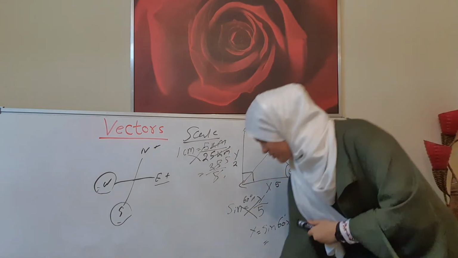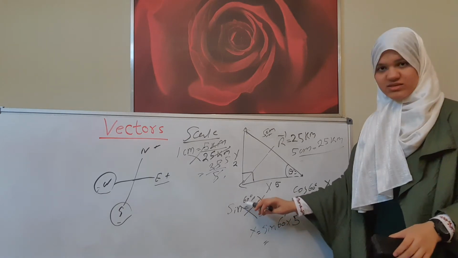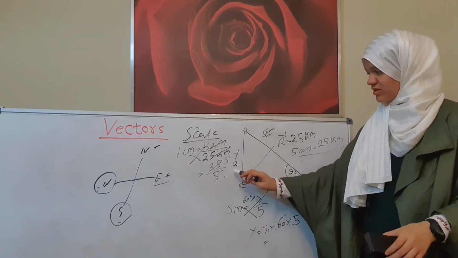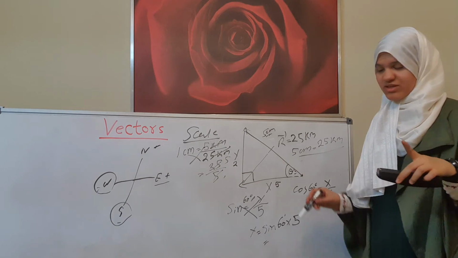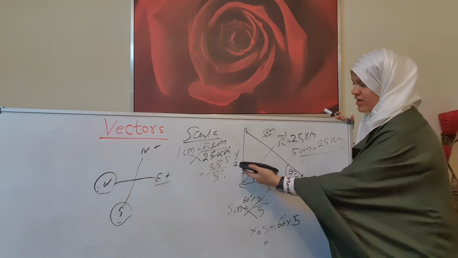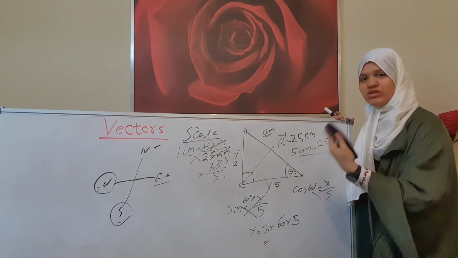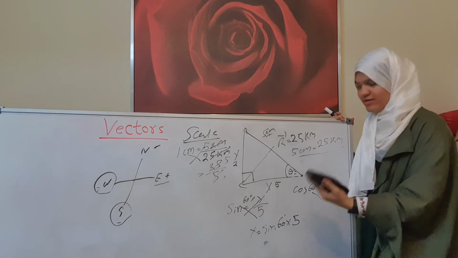This is just an example to find theta if the y and x components are given, but we don't know the direction. We want to know the direction or the degree.